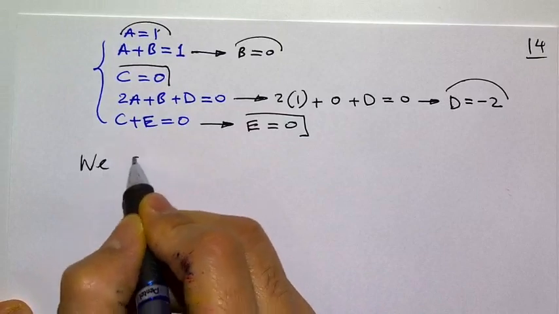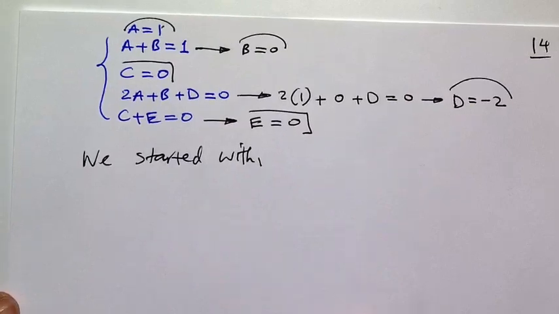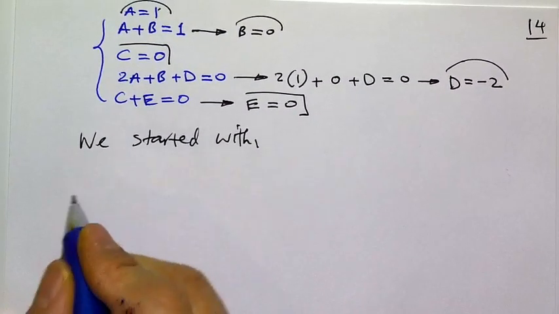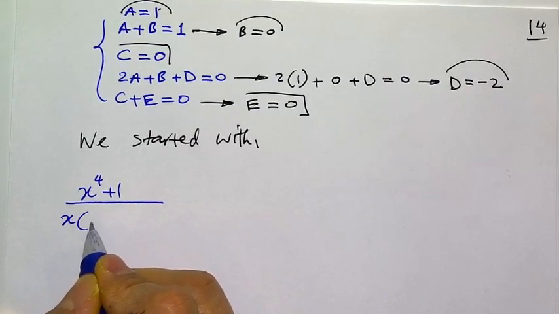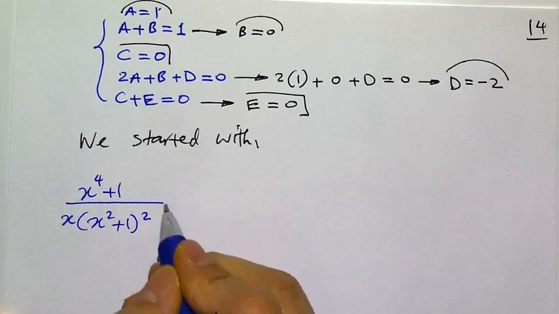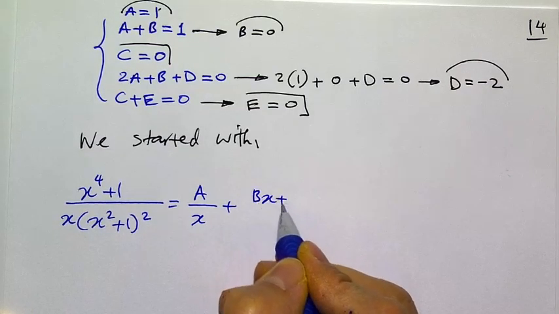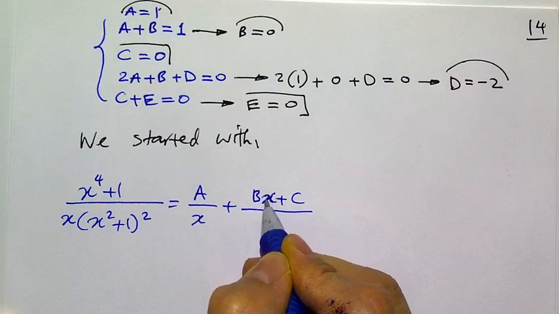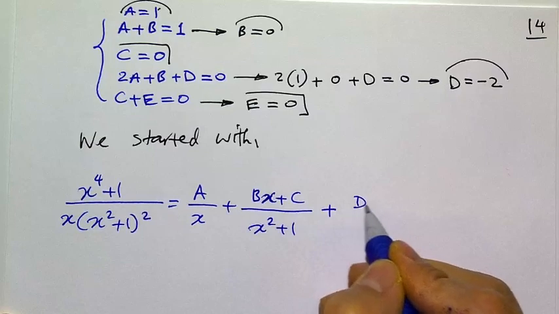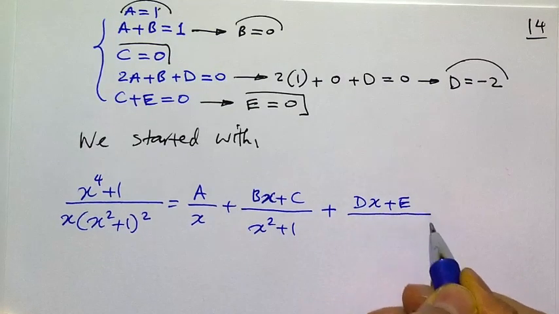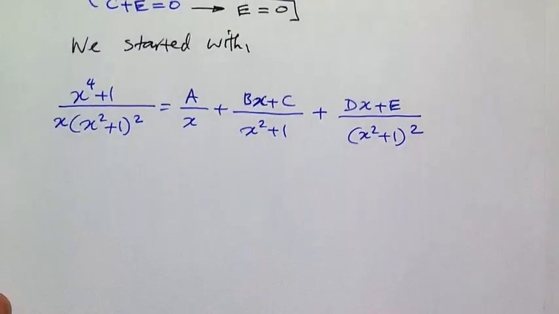We started with this setup, with this format. We had x to the fourth plus 1 divided by x times x squared plus 1 squared equals a over x plus bx plus c over x squared plus 1 plus dx plus e divided by x squared plus 1 squared, right? That's what we started with.